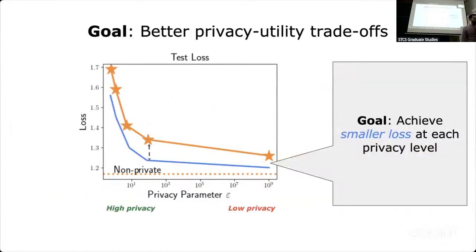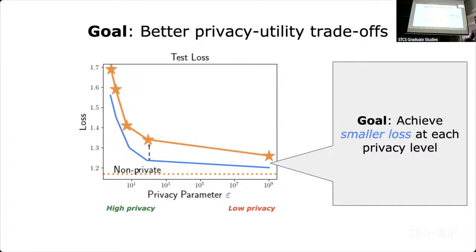So the name of the game here is generally to attain better privacy-utility trade-offs along with reasonable computation cost. Right? So we want this curve to go lower. At each privacy level, we want better loss. Or if we are looking at accuracies, we want higher accuracies at each point. So we want Pareto dominance over what is currently being done.